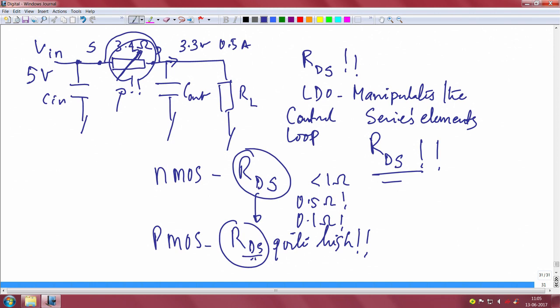We can put down very simple equations for power dissipation. Let us put it down. Power dissipation at the output simply is nothing but the V out times the I out current, right.